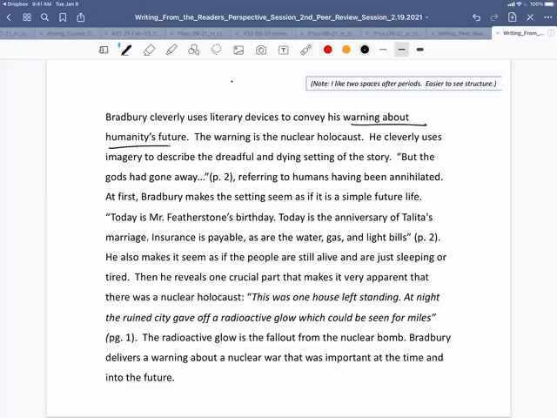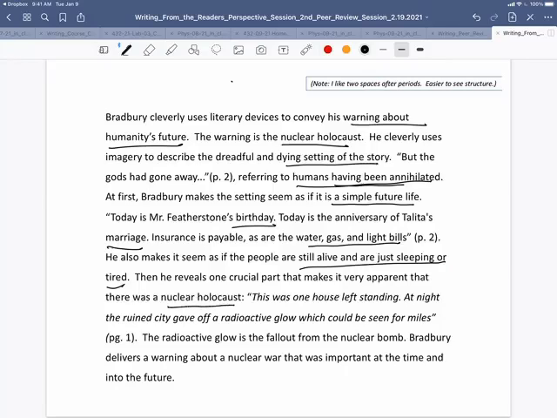So warning about humanity's future, nuclear holocaust, dying setting of the story, humans having been annihilated, simple future life. From the quote, birthday, marriage, water, gas, and light bills, still alive, just sleeping, tired, nuclear holocaust.